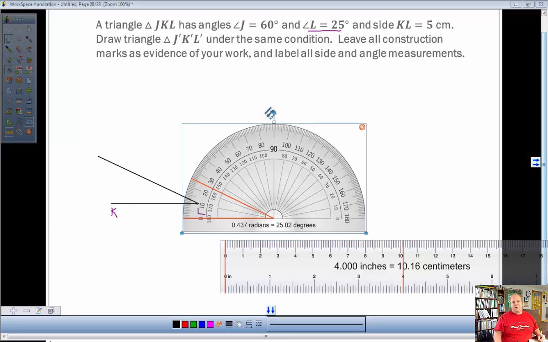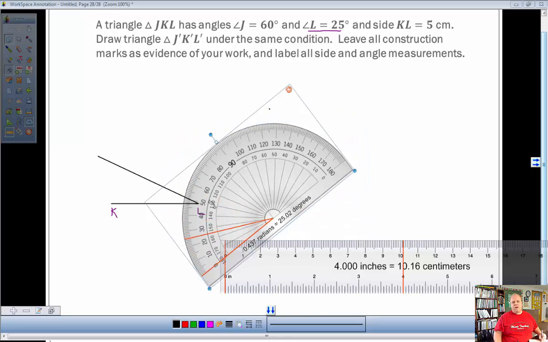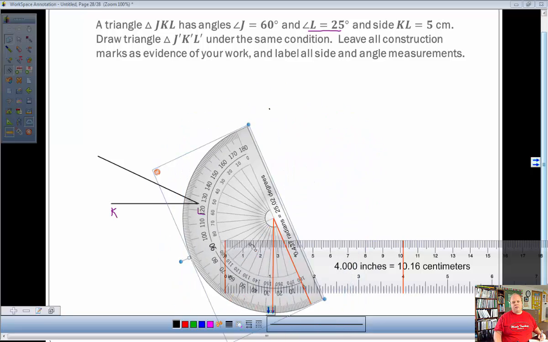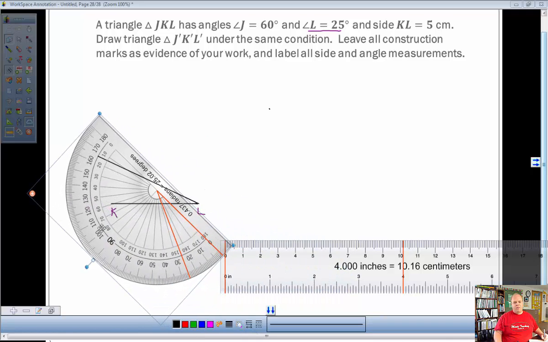Oops, let's do that again. Nope. Wrong thing. Let's try that one more time. Okay, flip this around. Bring it over here. Keep working with it.